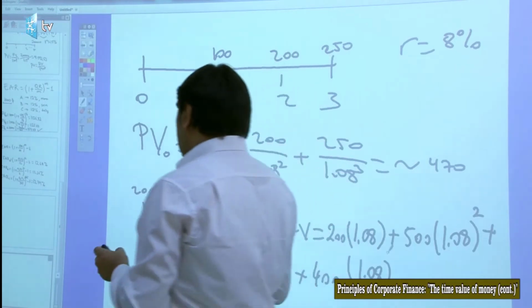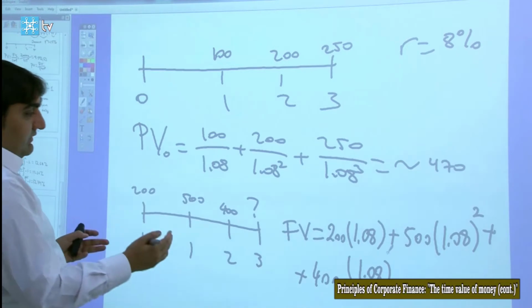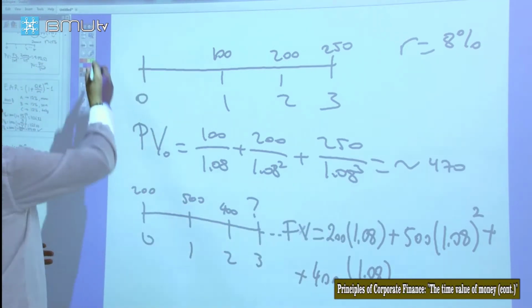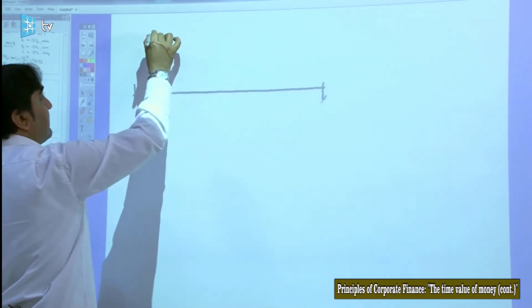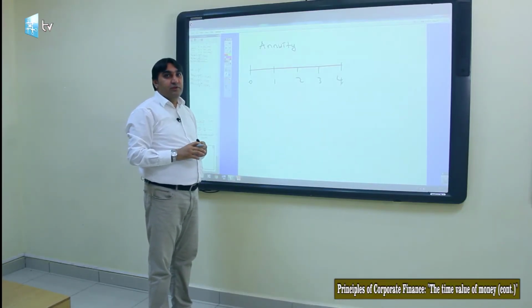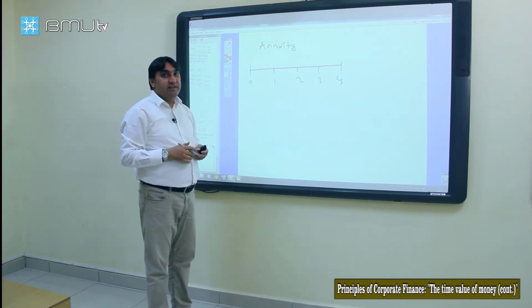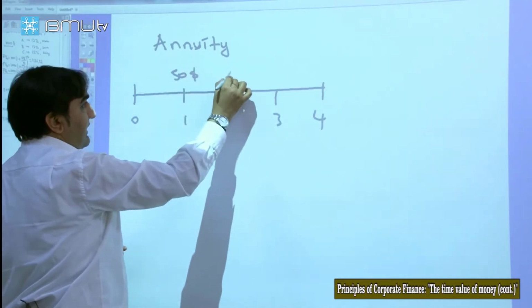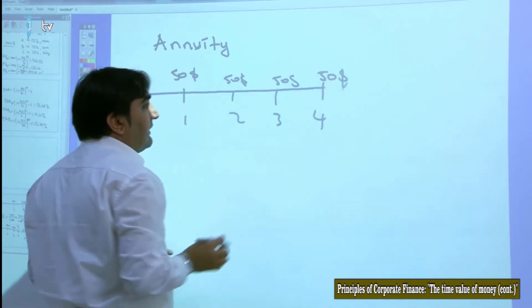If cash flows last forever, we call it perpetuity. For example, this may go on forever, or sometimes we have fixed cash flows. Assume that you have a constant salary, you know your expenses, and you decide that every month you can invest $50 into your savings account. $50, $50, $50 and $50 every month.